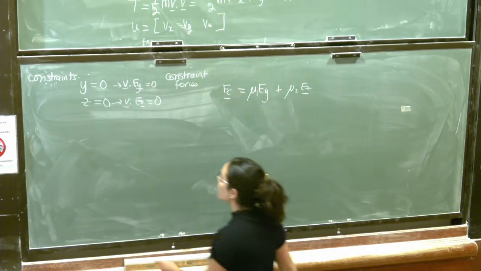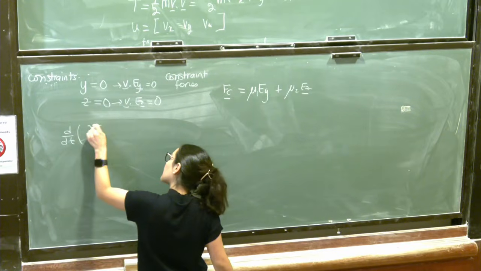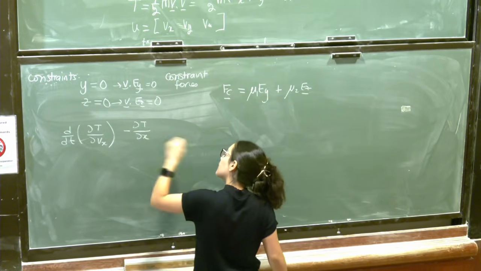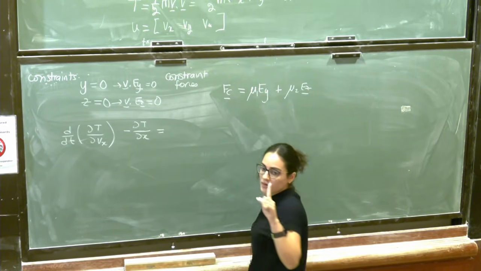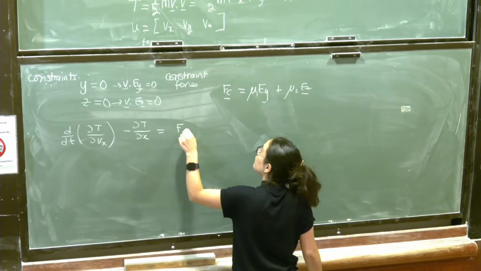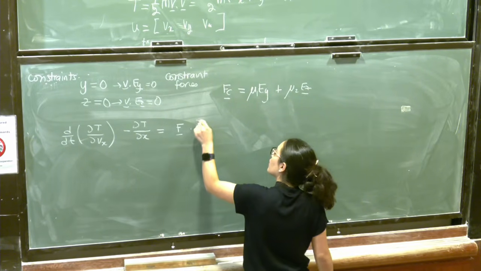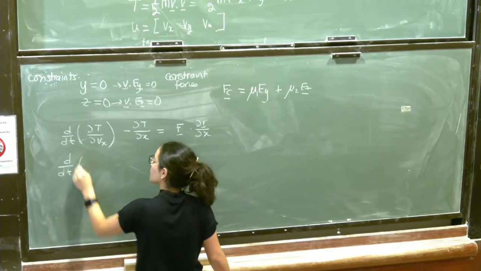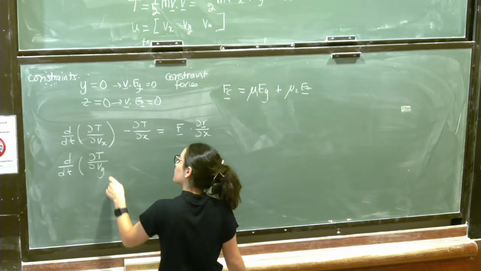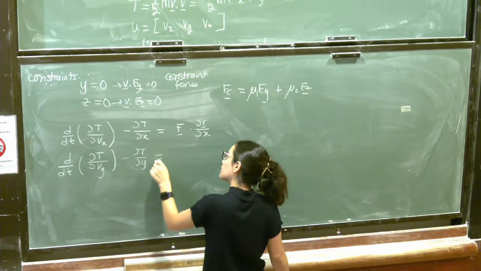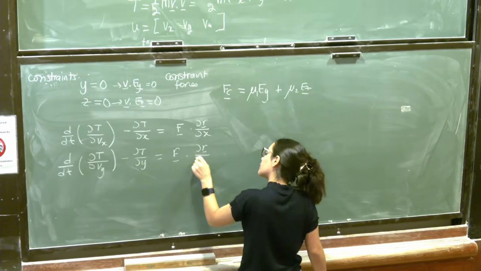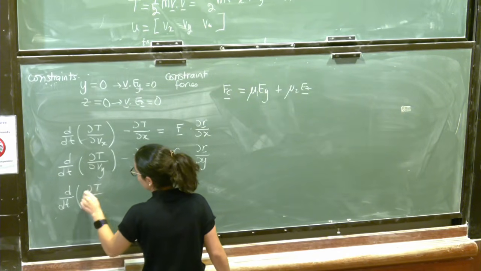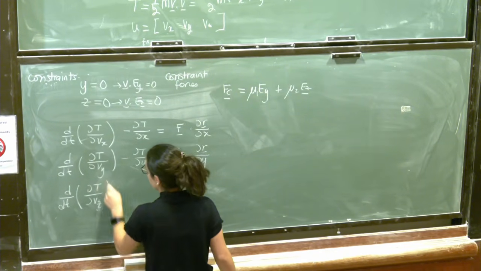Let me write them down. d by dt of del T by del vx minus del T by del x is equal to, since it's just one particle, F dotted with del r by del x. d by dt of del T by del vy minus del T by del y is equal to F dot del r by del y.